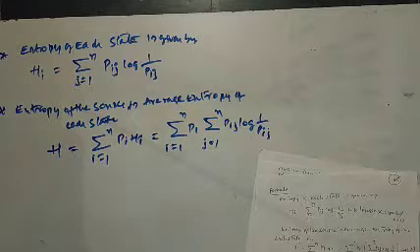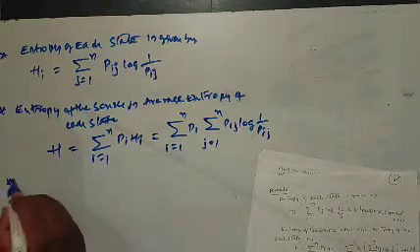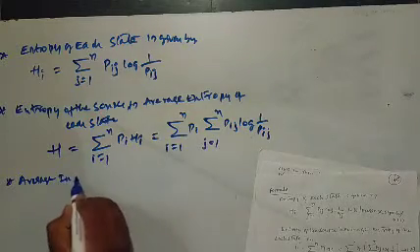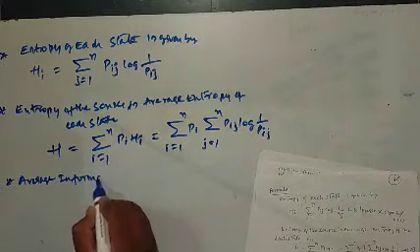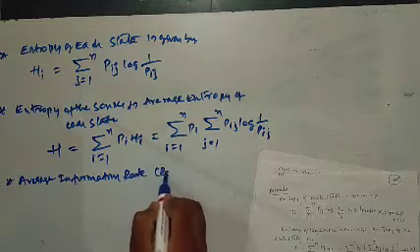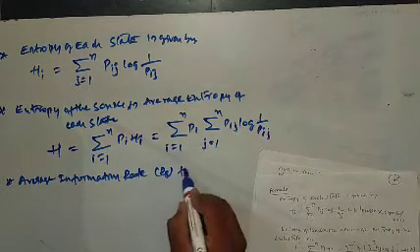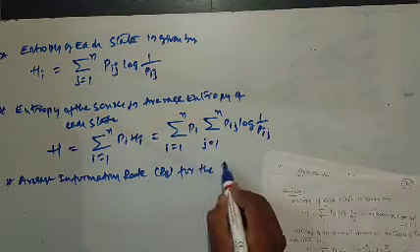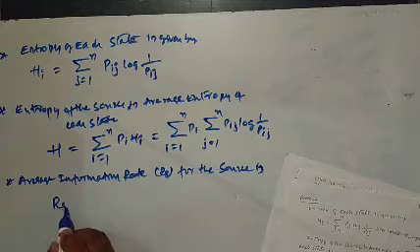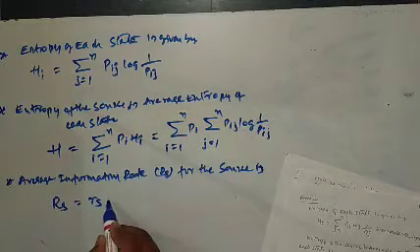And the average information rate, that is capital RS for the source, is equal to small rs into H.